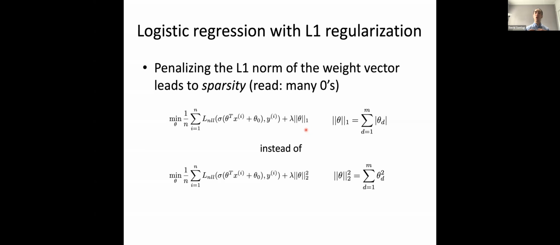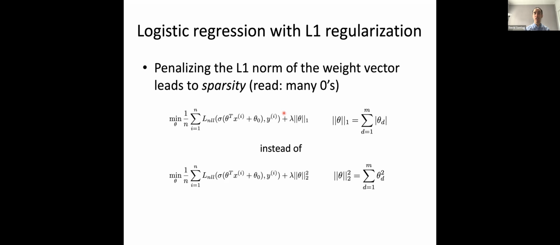So by encouraging the learning algorithm to find a sparse weight vector, it's using some prior knowledge that the hypothesis space we want to search within is one of sparse weight vectors. As a result, we can prevent ourselves from overfitting to the large weight vector, even if we have a very small number of labeled data points.